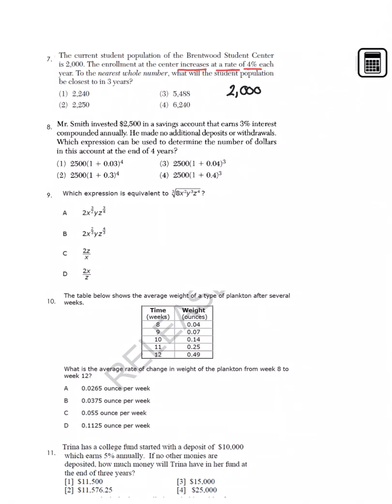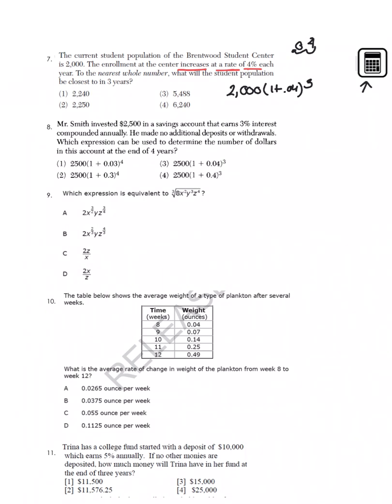Okay, then we did times, it was increasing. Let's do 1 plus, changing 4% to a decimal, 0.04. And then t is your time, and that was 3 years. So luckily, this is calculator active, so you can go ahead and plug those in there into your calculator.